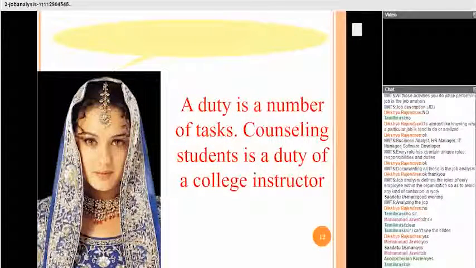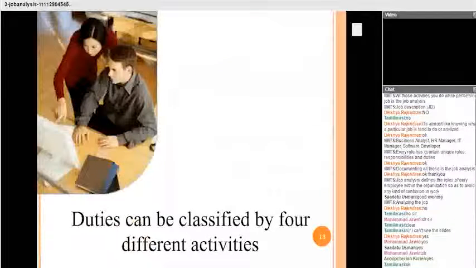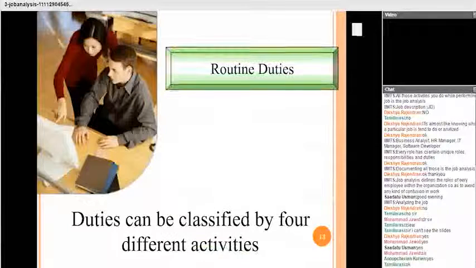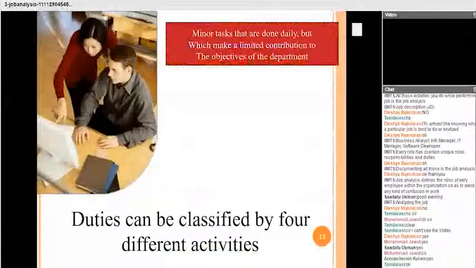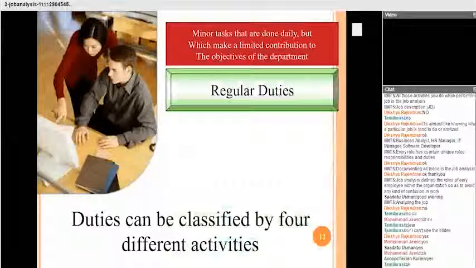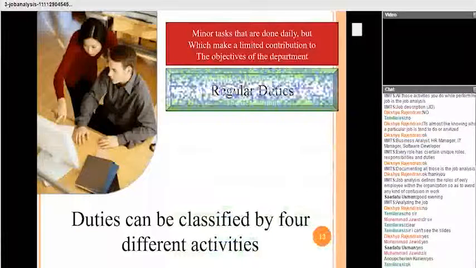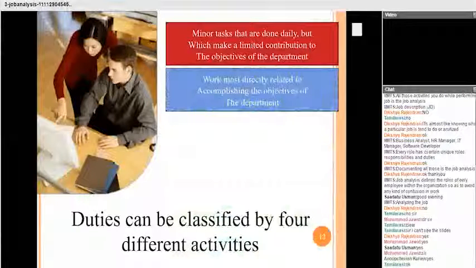What is a duty? A duty is a number of tasks. Counseling students is a duty of a college instructor. So duty is nothing but carrying out a number of tasks. Duties can be classified into 4 different types: routine duties, minor tasks that are done daily but which make a limited contribution to the objective of the department. Then regular duties: work most directly related to accomplishing the objectives of the department.